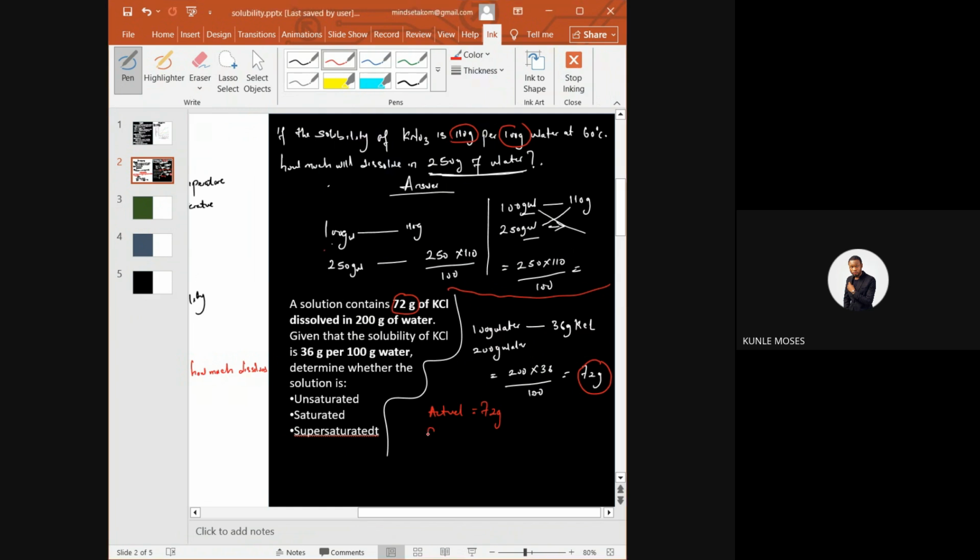And the expected that we just calculated is also 72 grams. The actual is also 72 grams. So it simply means they are equal, right? Since they are equal, that means they are saturated. So TT is right. Do you get how it is done now?